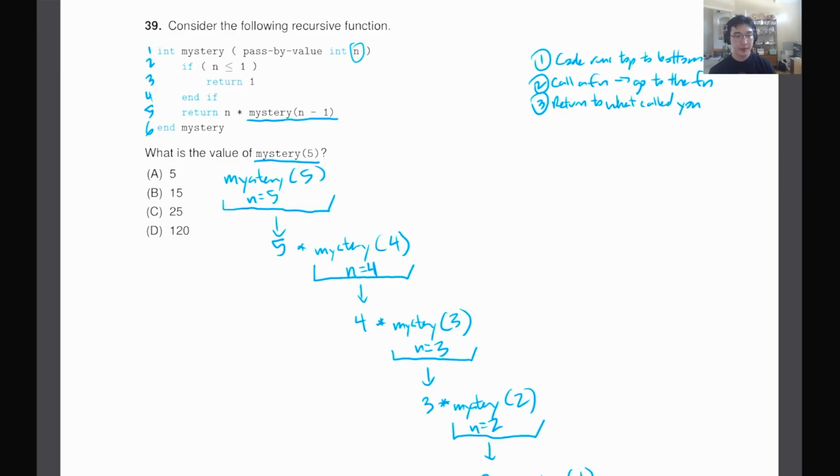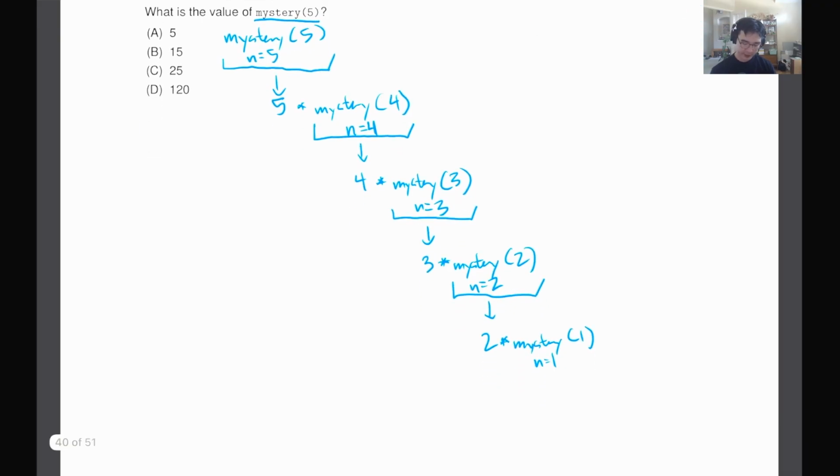Okay. So rule number 2, when you call a function, you go to the function. Rule number 3, when you're returning, you return to what called you. So right here, what called this function mystery n minus 1? Well, I'm going to return a value of 1 to that call.